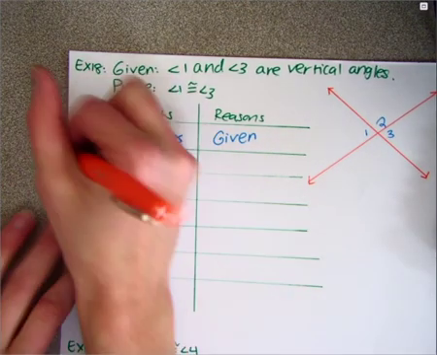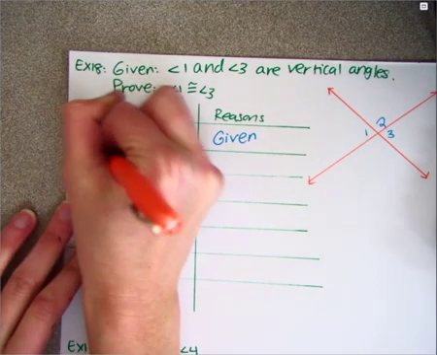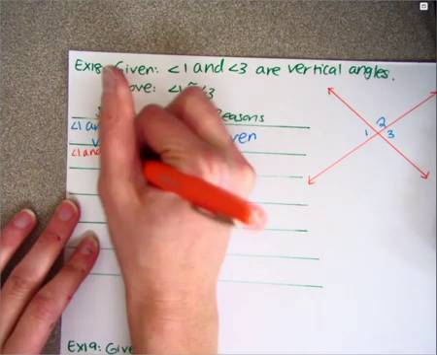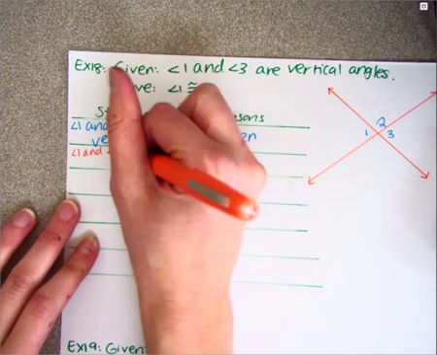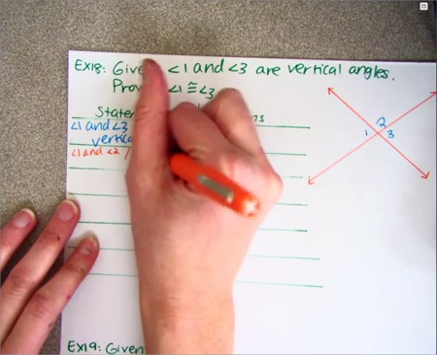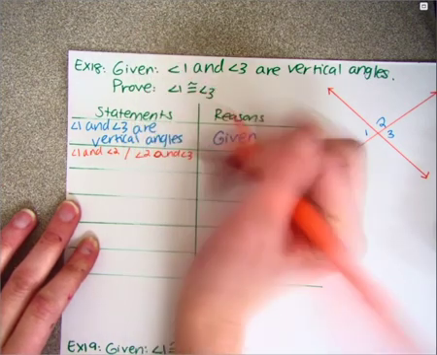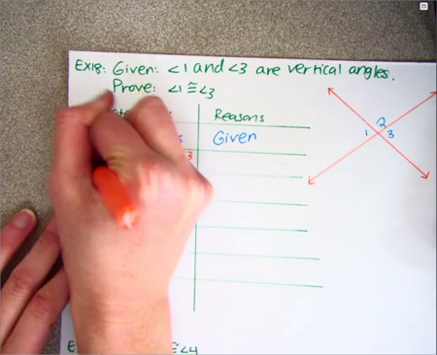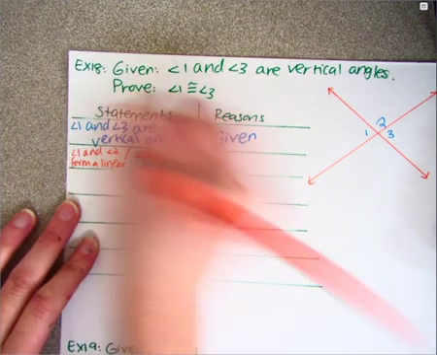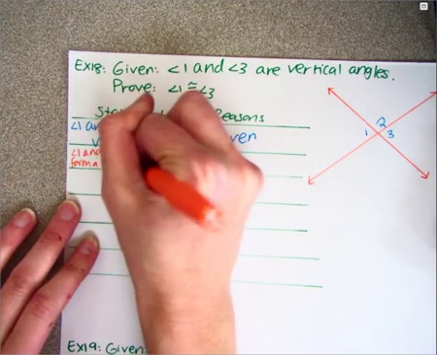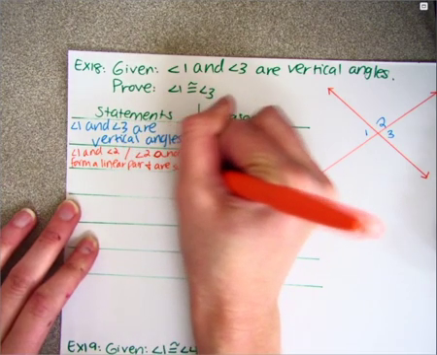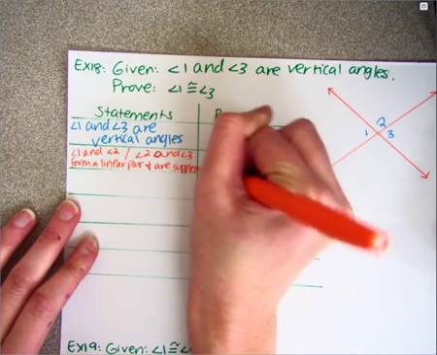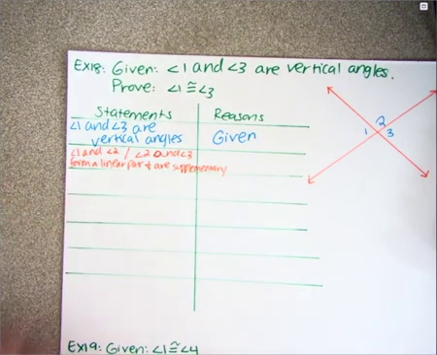Okay, so angle 1 and angle 2, as well as angle 2 and angle 3, form a linear pair. Hopefully I have enough room. And are supplementary, which I think I'm going to run out of space. But this word says supplementary. Sorry, you guys. I did not calculate my space very wisely. I apologize in advance.